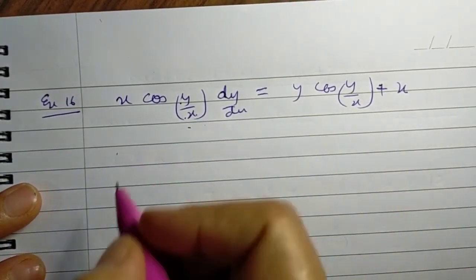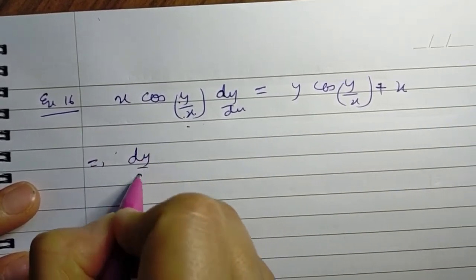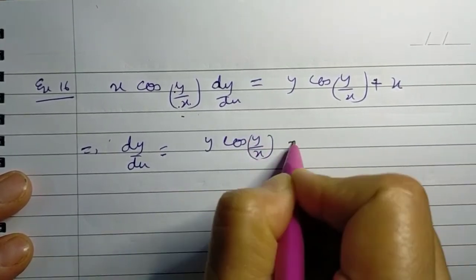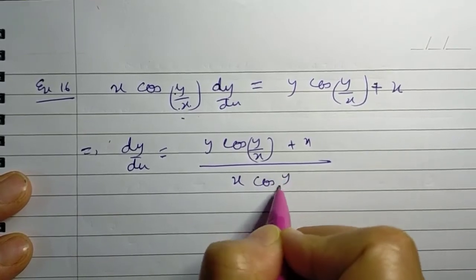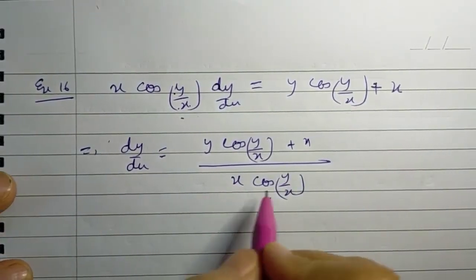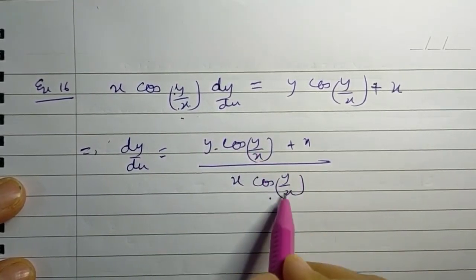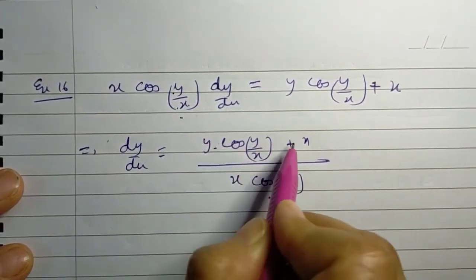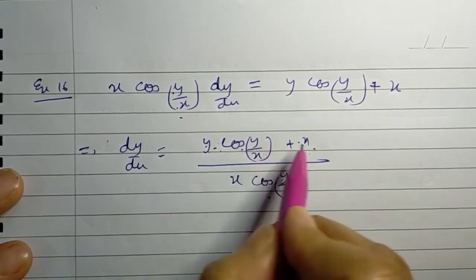So the first step is solving for dy by dx. We get dy by dx is equal to y cos y by x plus x, whole upon x cos y by x. Now, y by x is of degree 0, so we don't have to bother about this. Basically the net degree of each term in the numerator as well as the denominator is 1.